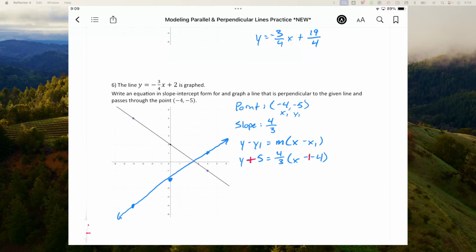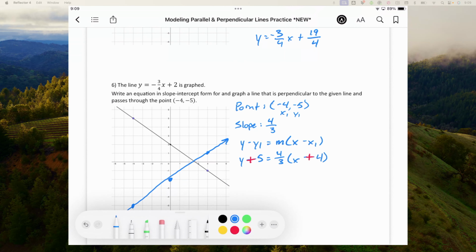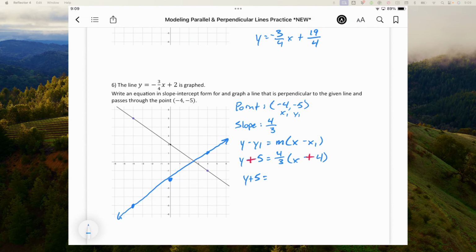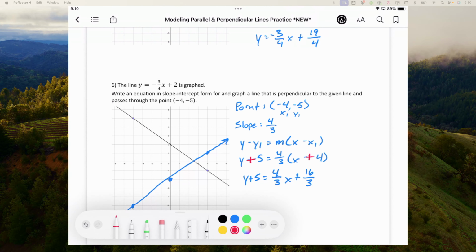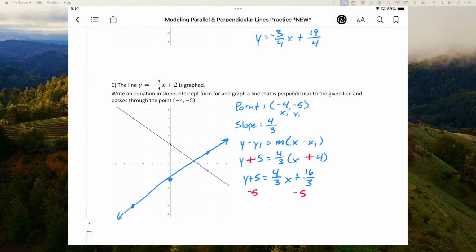Change that to a plus. Y plus 5 equals 4 over 3x plus 16 over 3. Subtract 5 from both sides. Y equals 4 over 3x plus 1 over 3.